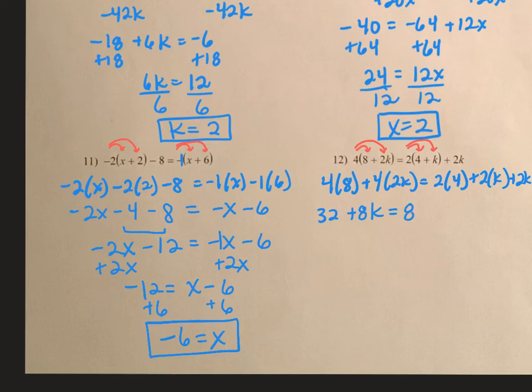And then I have plus 2k. Okay, now I did my distribution. I now need to combine like terms. So on this right side, I can combine these two.